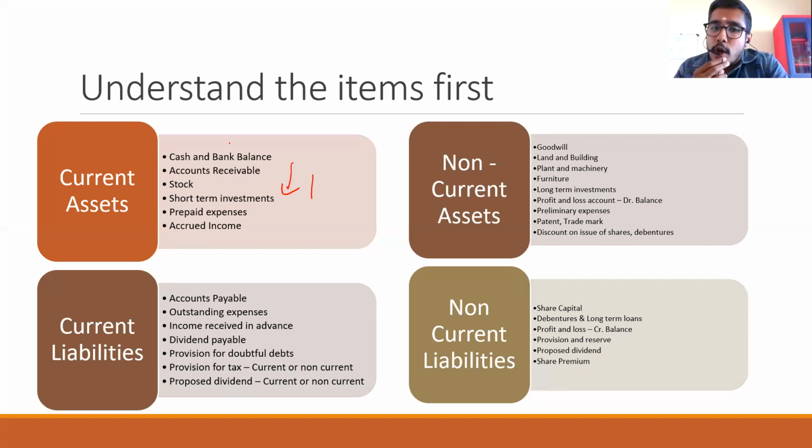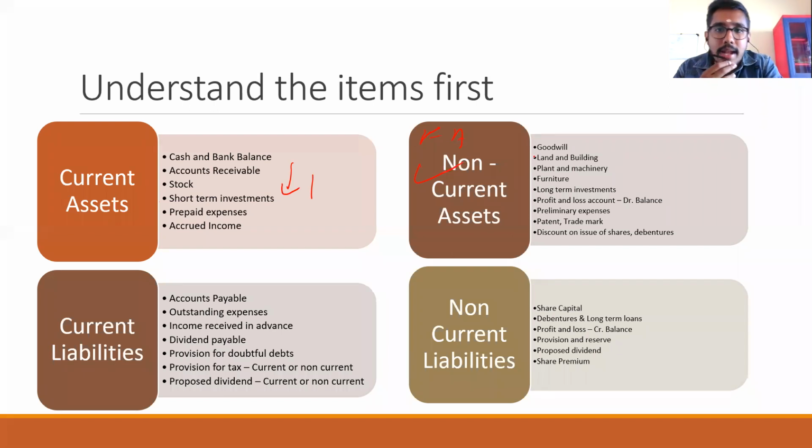Now come to non-current assets. Non-current assets are also known as fixed assets. All the assets of the company, that means goodwill, all the tangible as well as intangible assets of the company, will be termed as non-current assets.